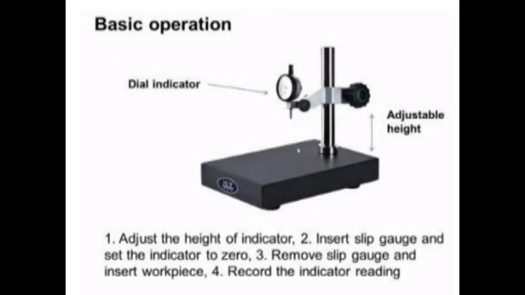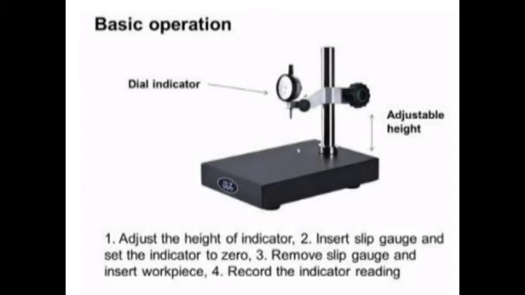Initially we have to adjust the height of the indicator to accommodate workpieces of different heights, and then insert the slip gauges between the spindle and the reference point, so between the contact probe and the top surface of the reference table, and set the indicator to read 0.